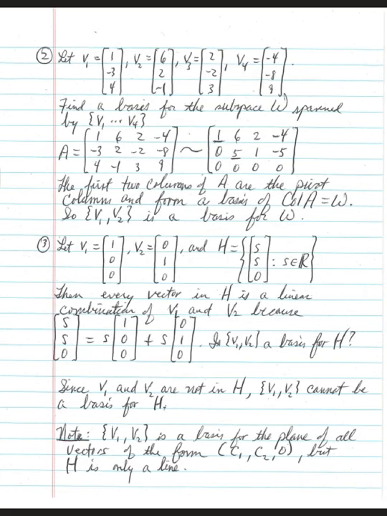Example 2, we have 4 vectors. Find a basis for the subspace W spanned by V1 through V4. Create matrix A using the 4 vectors as columns. Row reduce and note your pivots. We have a pivot in the first column, a pivot in the second column, and that's it.